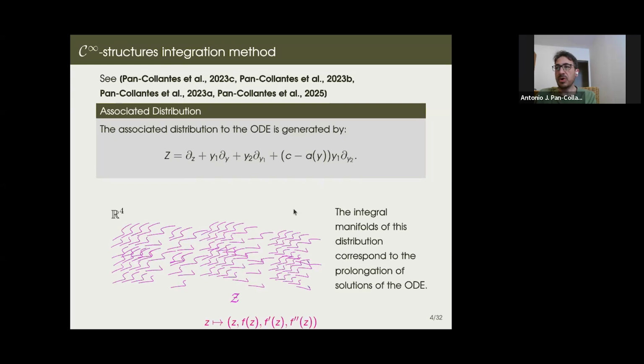So we are translating our ODE into a vector field in the jet space that, for our purposes, you can consider R4, in such a way that the integral manifolds, the integral curves in this case, have the form (x, f, f prime, f second), f being a solution of the ODE. So our goal will be to find explicit parametrizations of these integral curves, and so we would obtain solutions or prolongations of the solutions of the ODE.